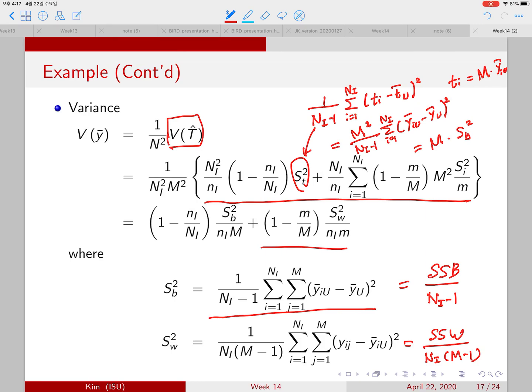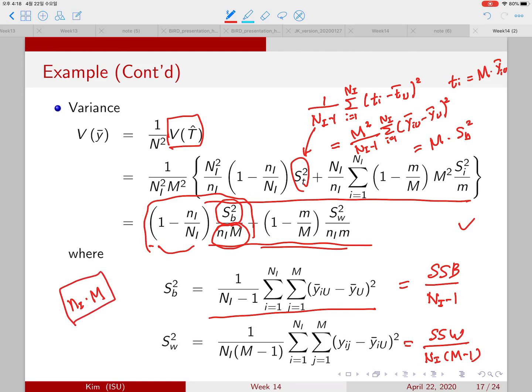So the final variance expression here is worthy of discussion. The first term is just the finite population correction term, so we don't have to worry about this much. But this is the between variance part divided by the sample size, and the sample size is N times M. So that's basically the sample size for the single stage cluster sampling, right?